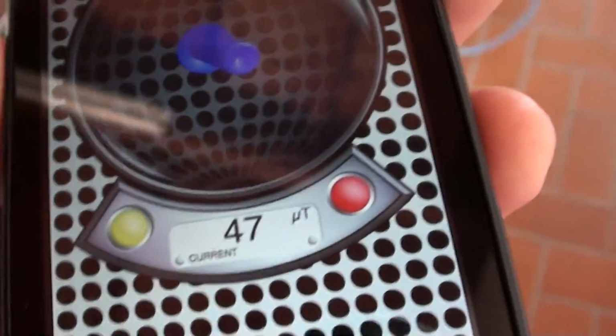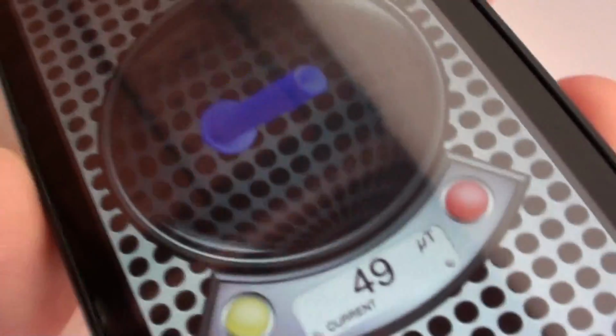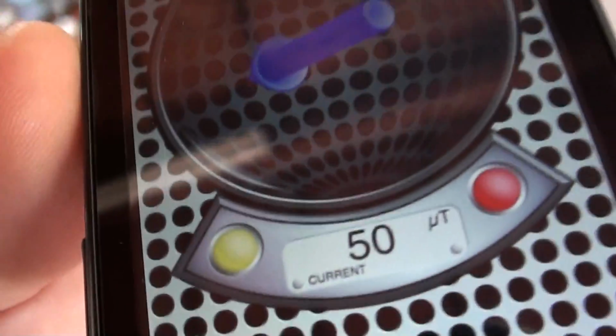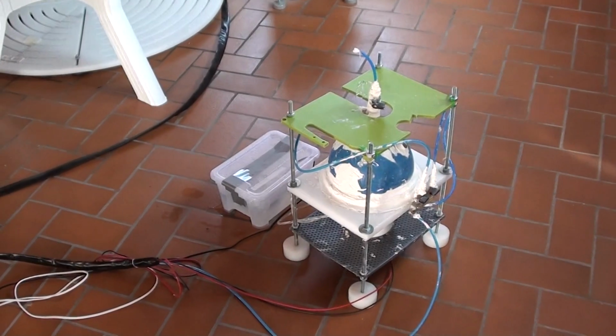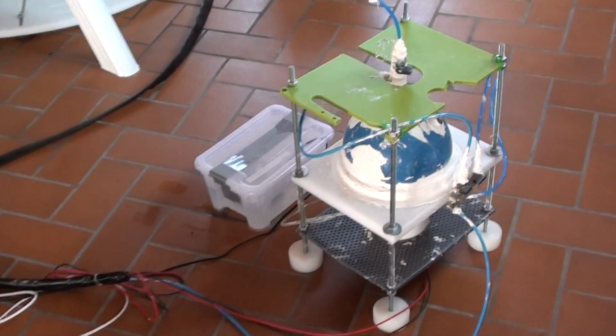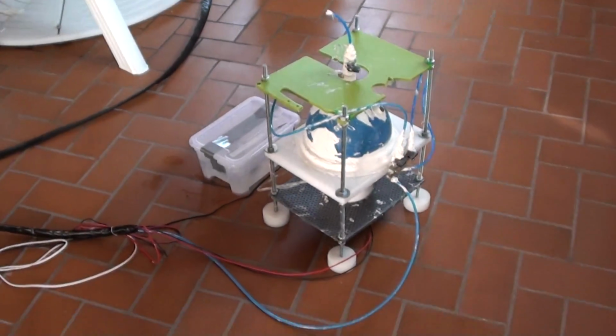So outside of the systems we have around 50 microtesla magnitude of magnetic field induction. So let's visit Ivan's reactor and see what we get.